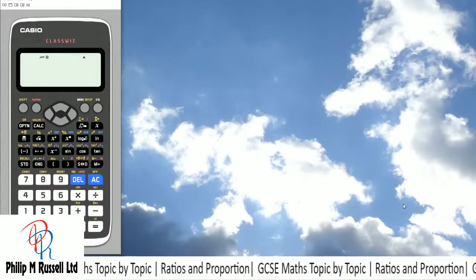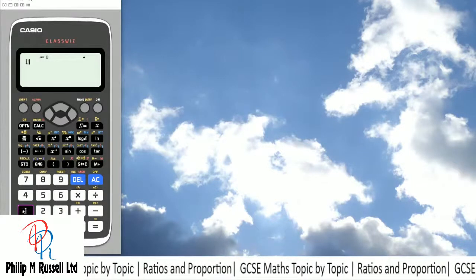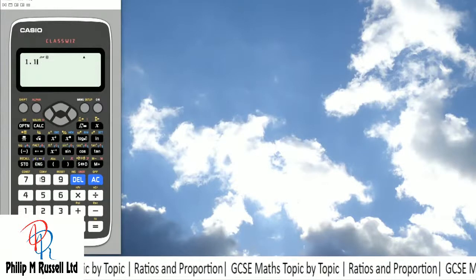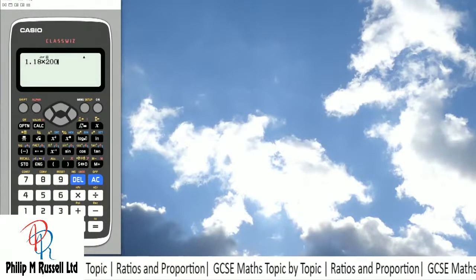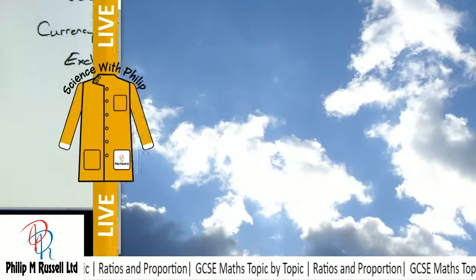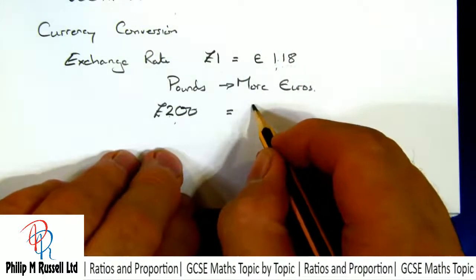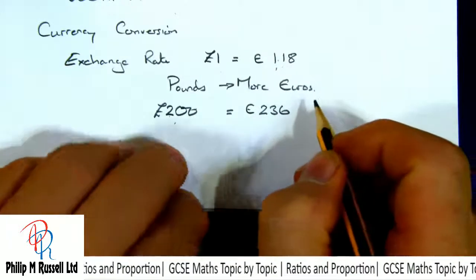So I've got 1.18, and I'm going to multiply that by 200. And that's going to give me the answer of 236 euros.